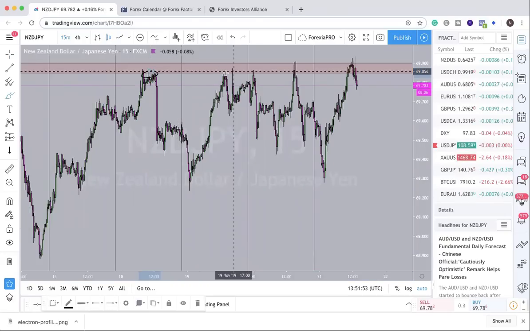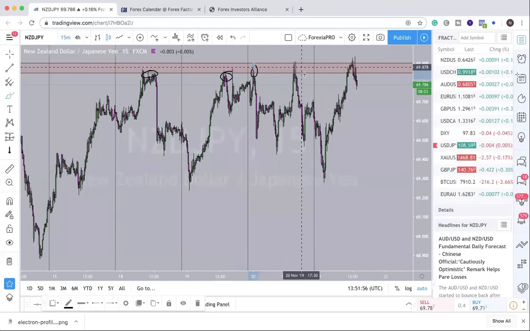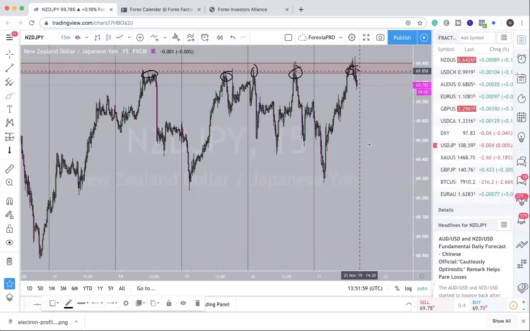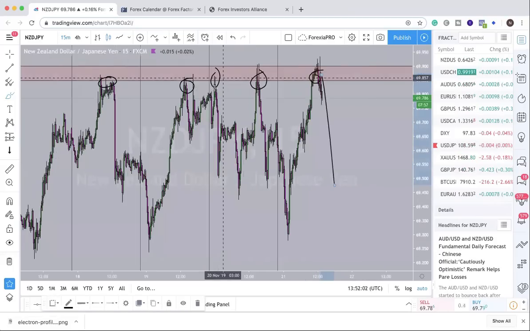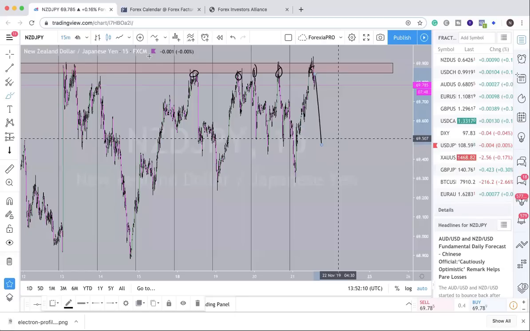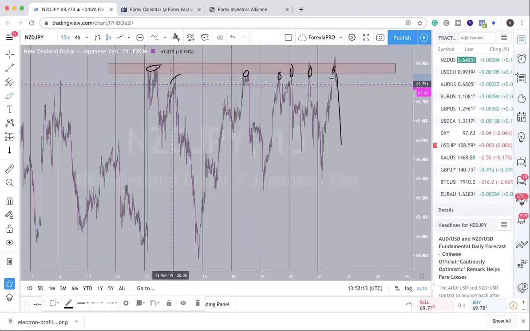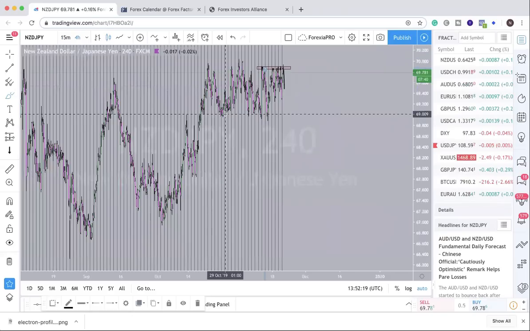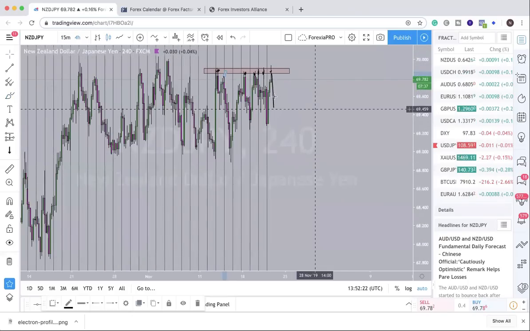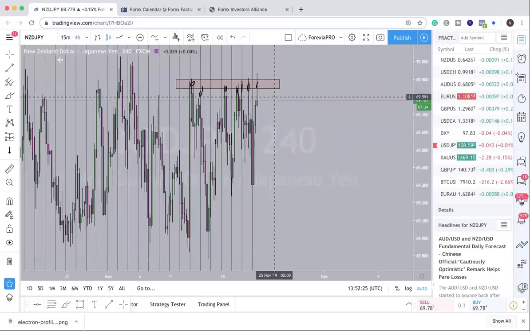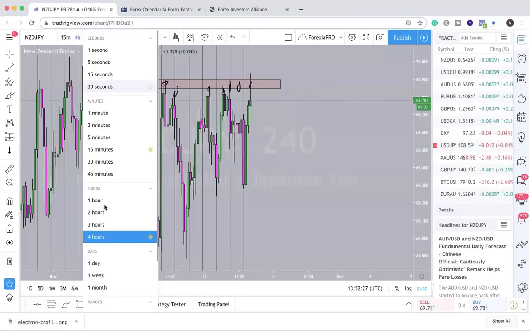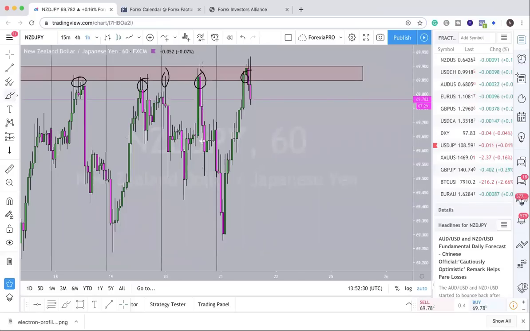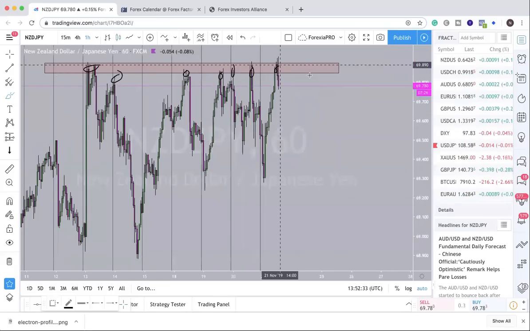Let me ask you guys, if the dealer was actually going to sell, if this was going to be a sell-off, do you think he would give you so much time to sell at that range? I highly doubt it. I would like to see NZD-JPY do something like this.